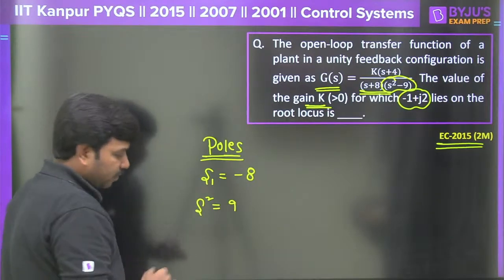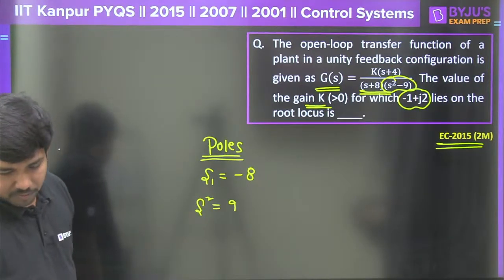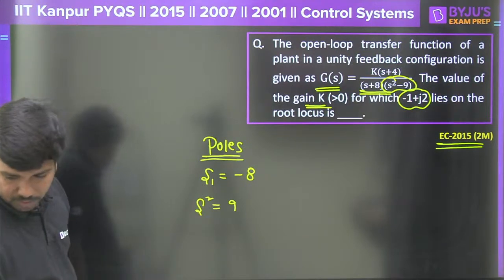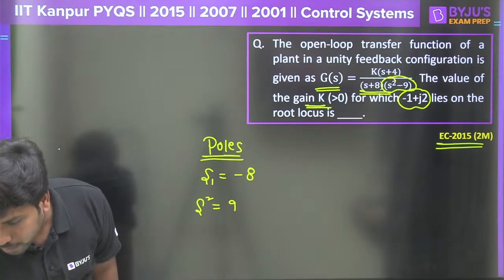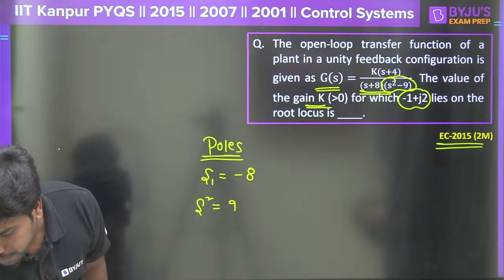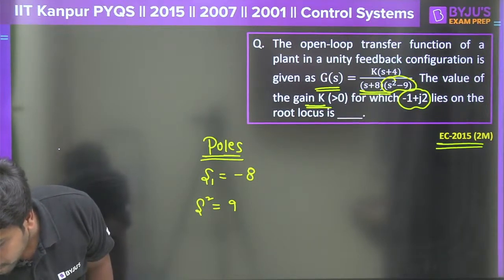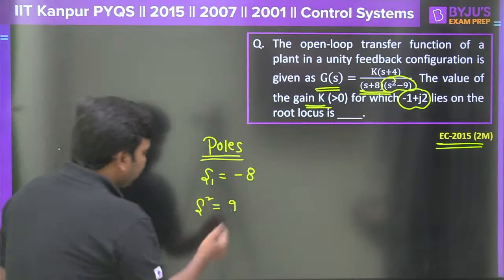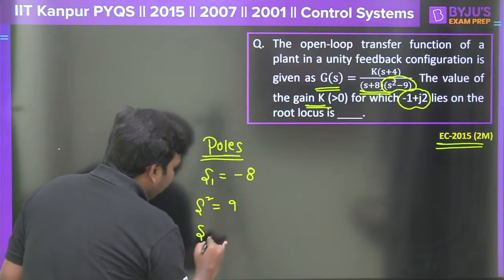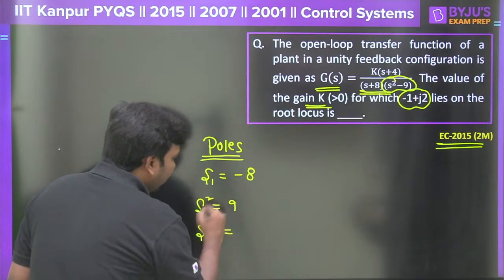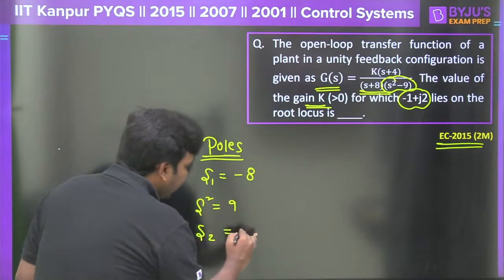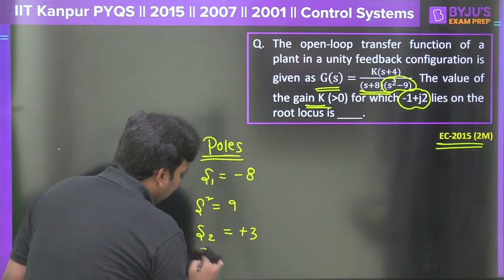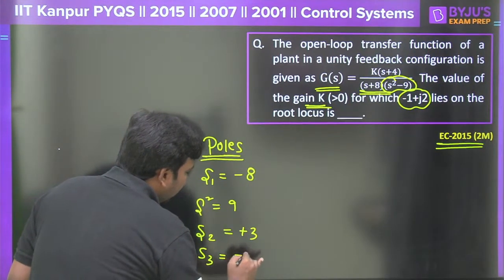Then s square is equal to 9. Can you tell me what the poles of this one are? Fast, very fast. So s square is equal to 9 means plus or minus 3. One pole will be plus 3 and another pole will be minus 3.